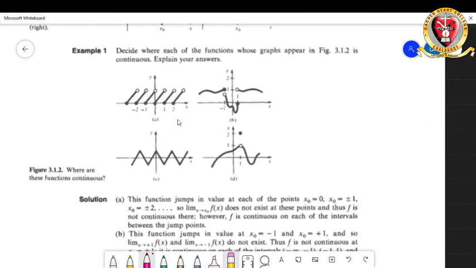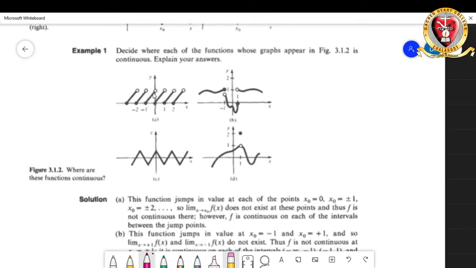Now we are going to see some examples and understand the continuity at each point of the domain. We can see the first figure, and here you can understand that at -2 the function was going like this, and when it reaches the point here, it suddenly jumps to another value here, and then it is going like this, and at -1 the function is jumping again.